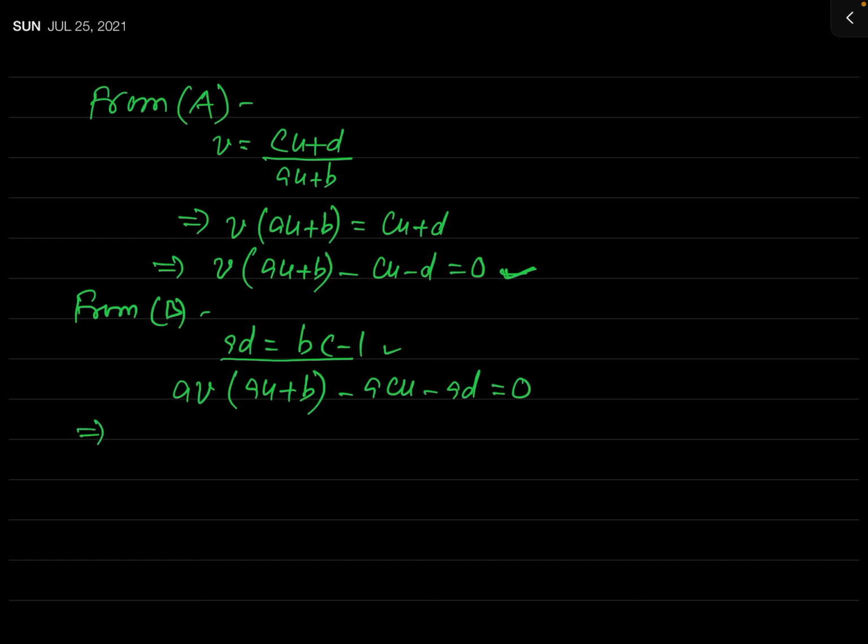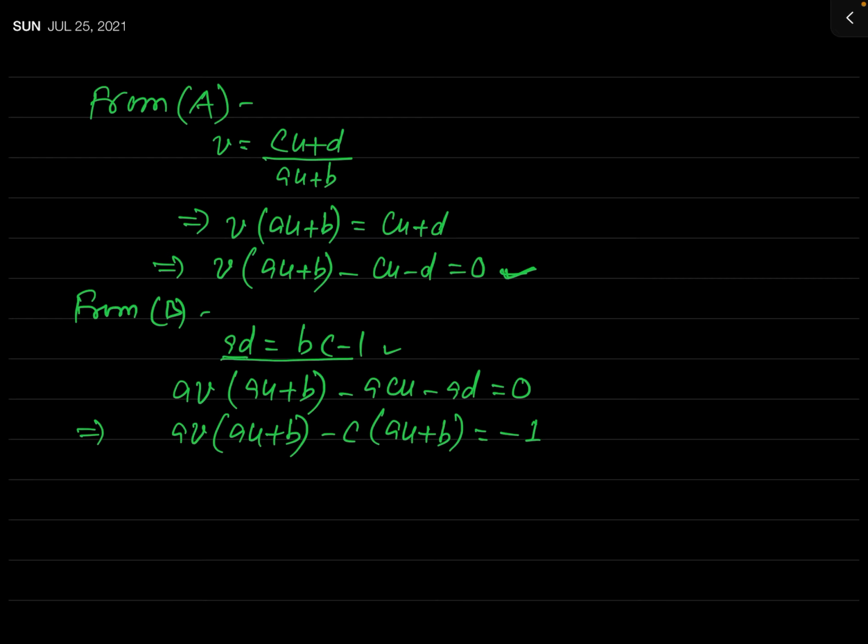So you can see this can be written as AB times Au plus B minus C into Au plus B, and that will be equal to minus 1. You can see the algebra.